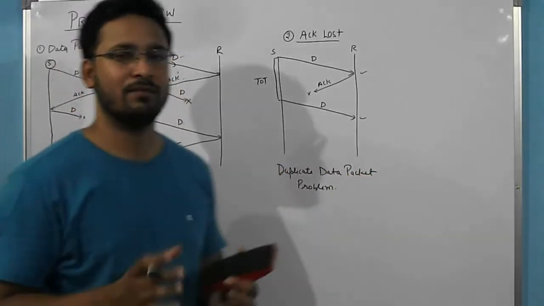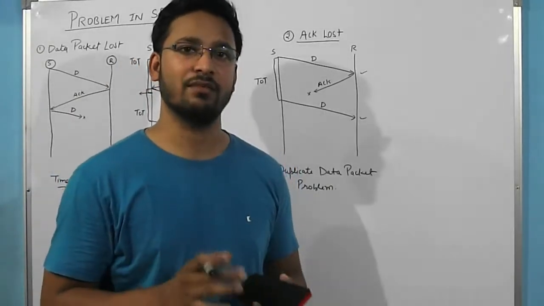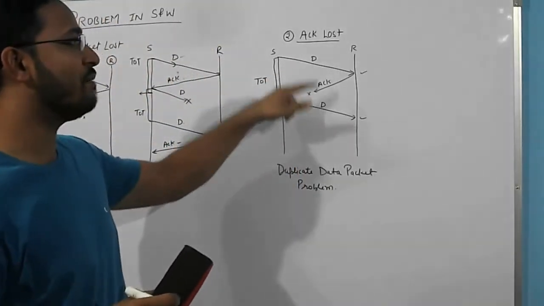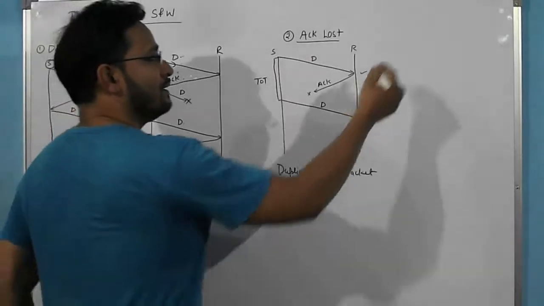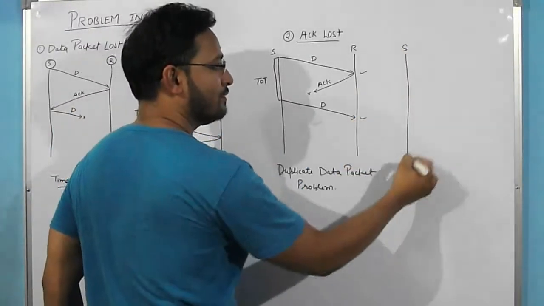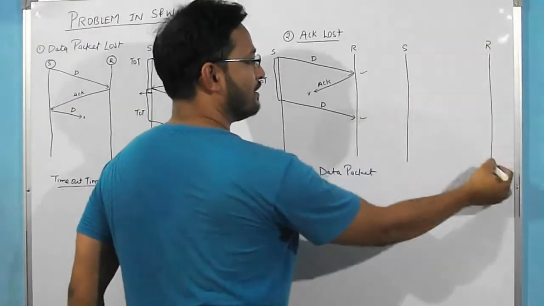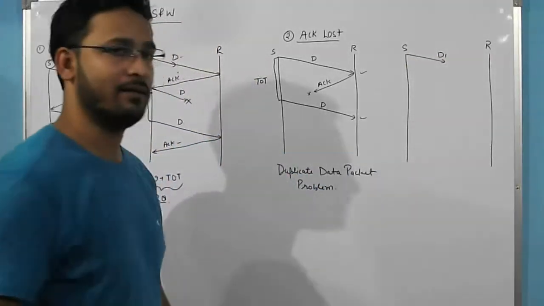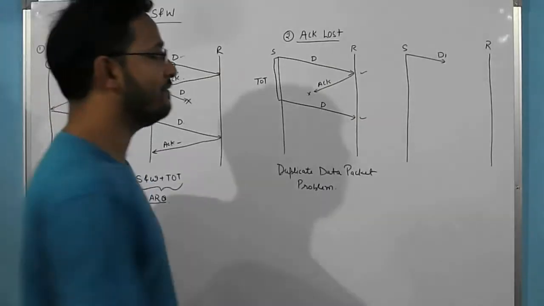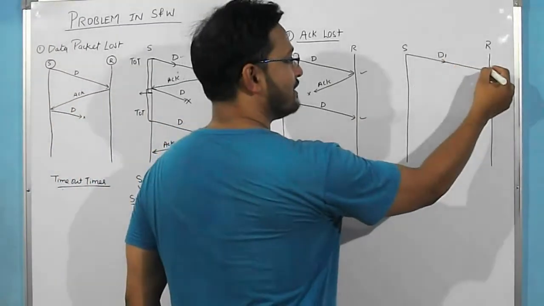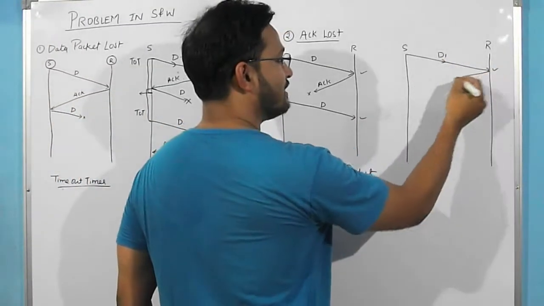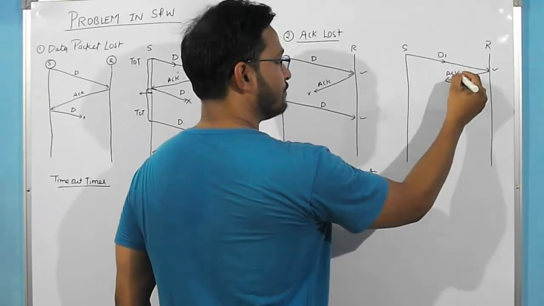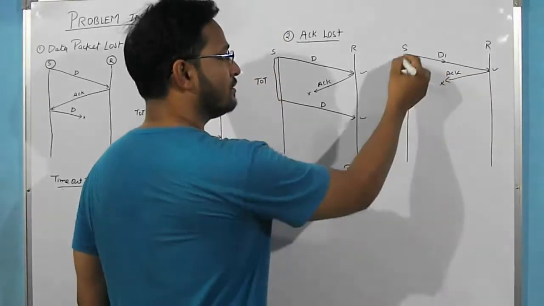To overcome this problem, a simple mechanism called sequence number. We apply sequence numbers to data packets. There is the sender and the receiver. We apply sequence number 1 with data packet 1. Receiver receives this data packet. Receiver sends acknowledgement, and this acknowledgement is lost.